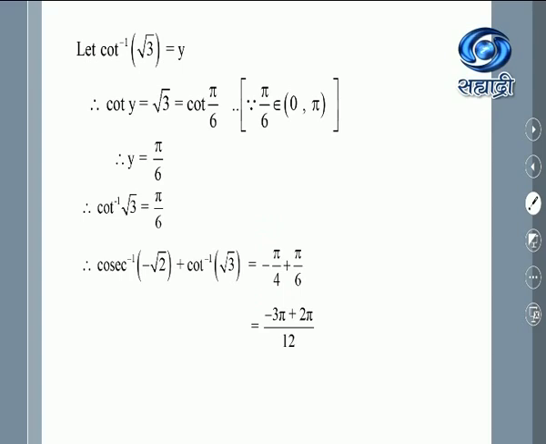To this term you have to multiply numerator and denominator by 2 and you will get 2 pi here and the denominator is common which is 12, right? So minus 3 pi plus 2 pi is equal to minus pi by 12. So thus the value of this expression is minus pi by 12. Clear? So all these sums come under the heading evaluate the following.